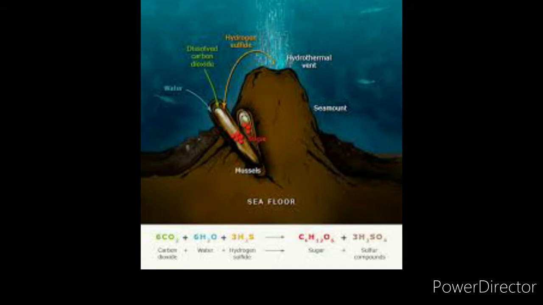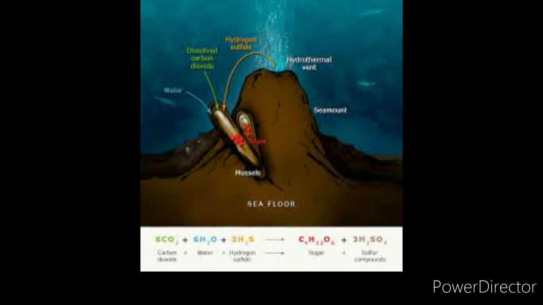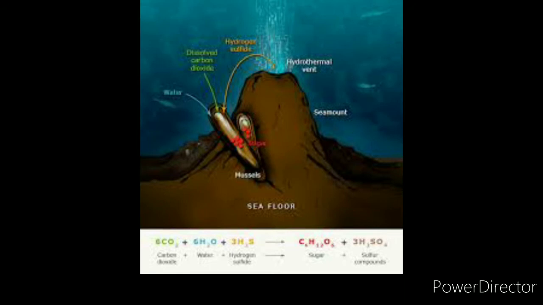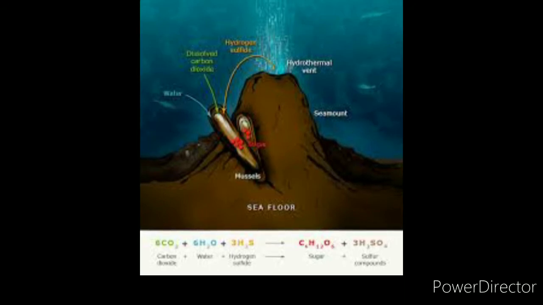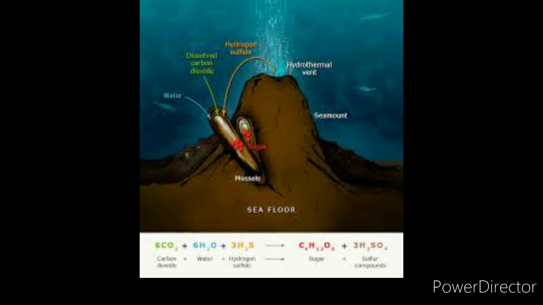This expulsion happens through hydrothermal vents, and there are certain organisms that live beside these vents, and these organisms utilize the hydrogen sulfide from the hydrothermal vent and carbon and water to form their own food materials.